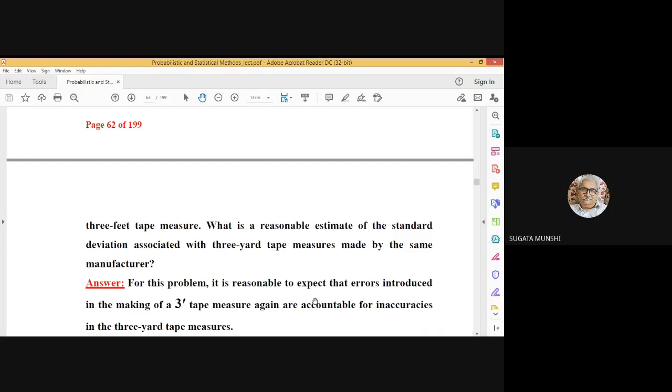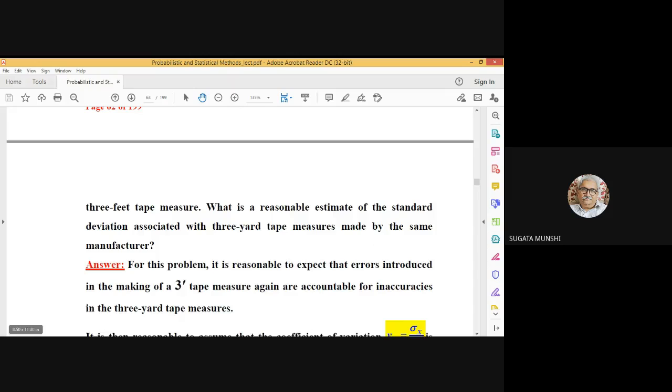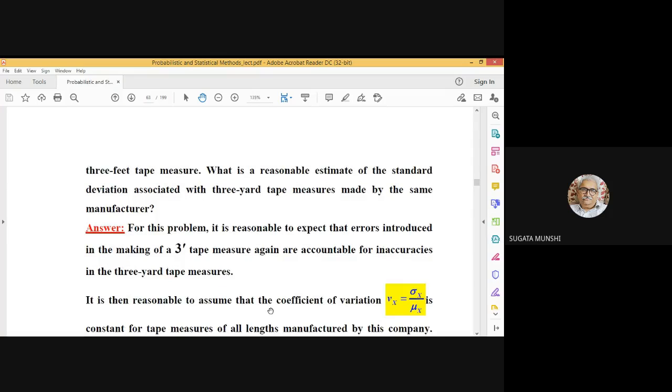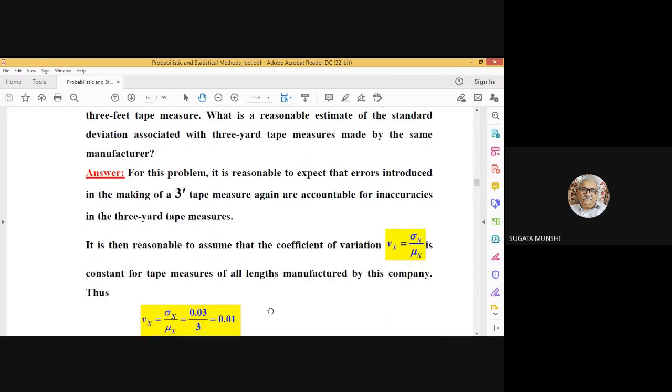So it is reasonable to expect that the sources of inaccuracies in both cases are the same. If that be the case, then we may assume that the coefficient of variation, sigma x by mu x, is constant, whatever may be the tape size that is made.